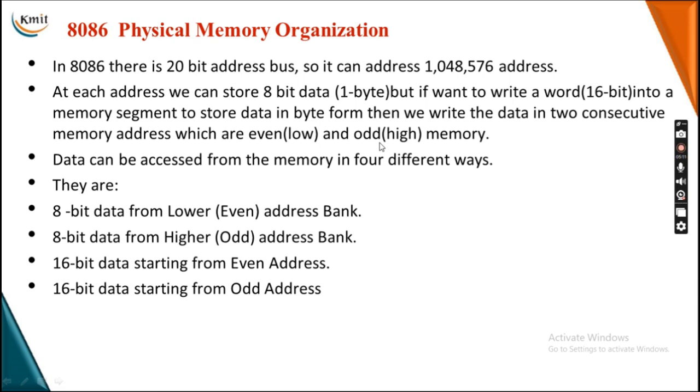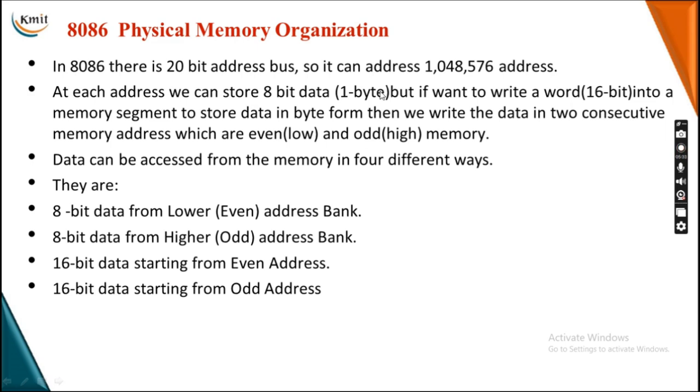So memory can be divided into memory banks: even memory bank, or we can call low order memory bank, and odd memory bank, or we can call high order bank.